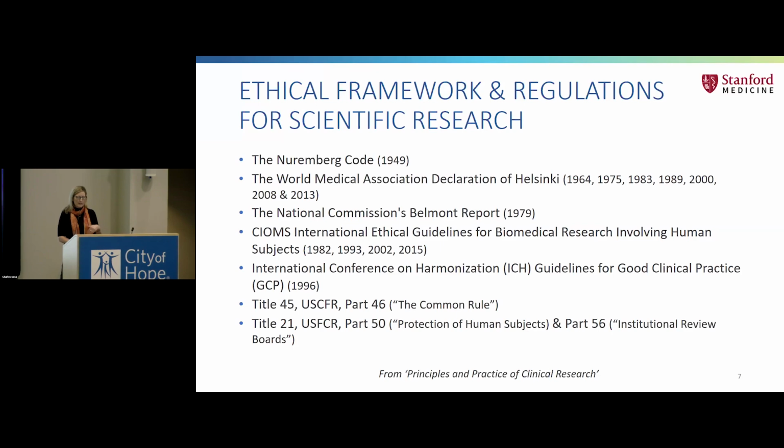So these have always evolved in response to negative things that have happened. It's really not within the scope of this presentation to go over all of these, and again this is not a comprehensive list, but it's just to show you that there are a number of things that influence how research can be conducted, especially in this country. So it's a pretty highly regulated field.